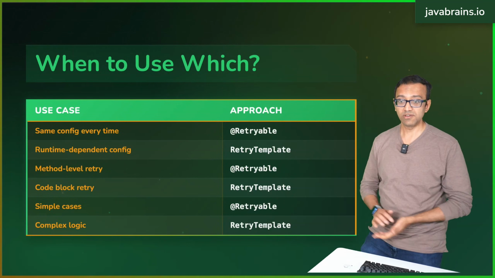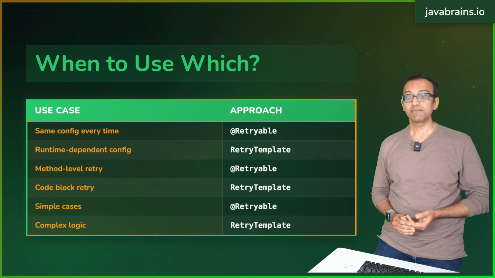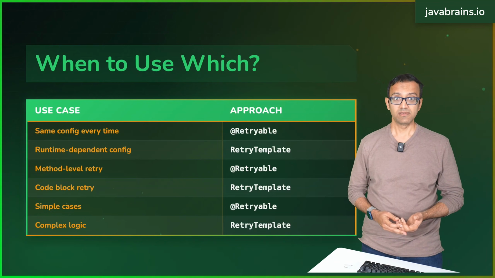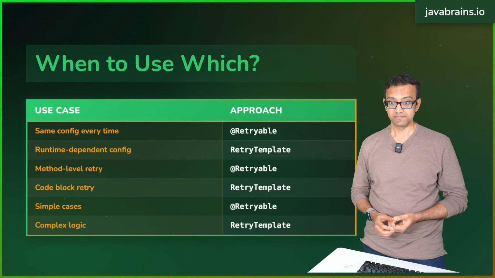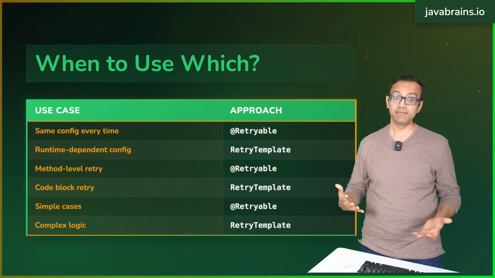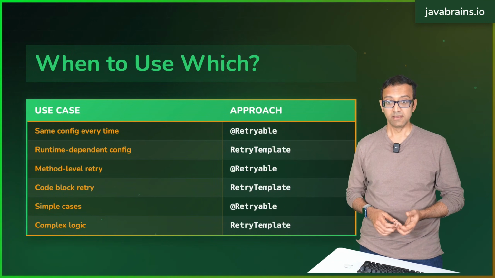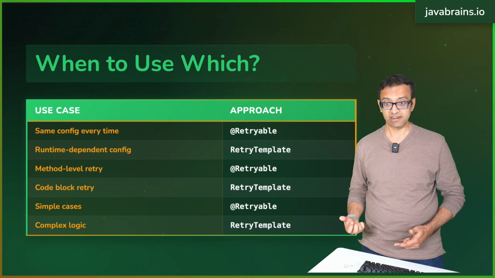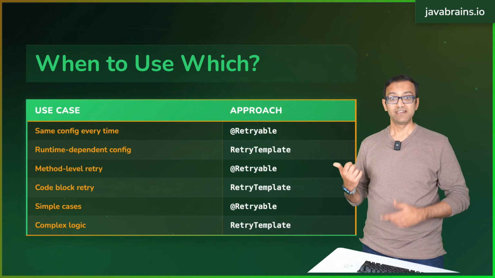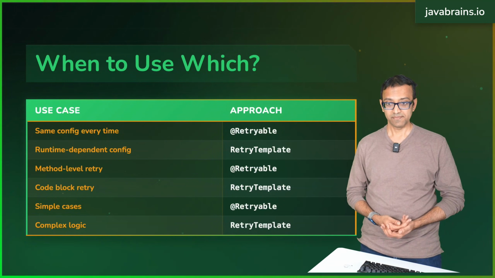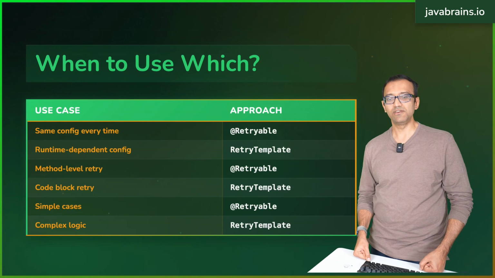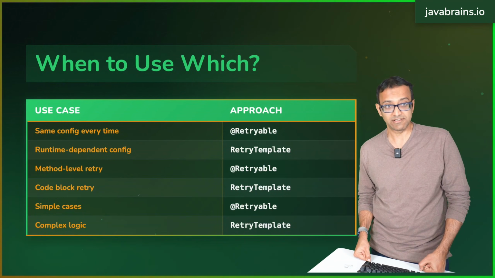All right, so when to use what? You have the same config every time, you use @Retryable. When you want runtime dependent behavior, you want it to change, you use the retry template. Method level retry, you use @Retryable. Code block retry, you use retry template. Usually, for simple cases where you know that things are consistent, you use @Retryable.